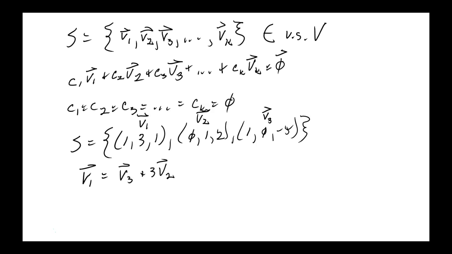So you have more than one combination there. In other words, V1 is a combination of those. They're all in the same plane. So it can't span all of space, R3.